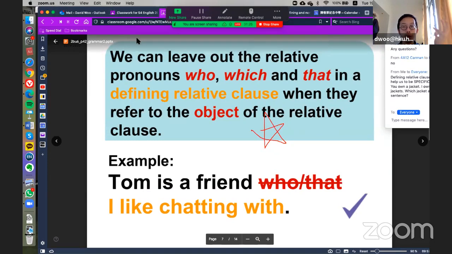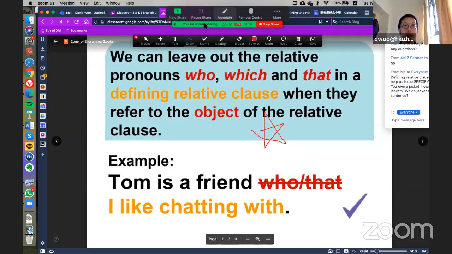When we use defining relative clauses, we can leave out, that is, omit, remove the relative pronouns who, which, and that in a relative clause when we're referring to the object.